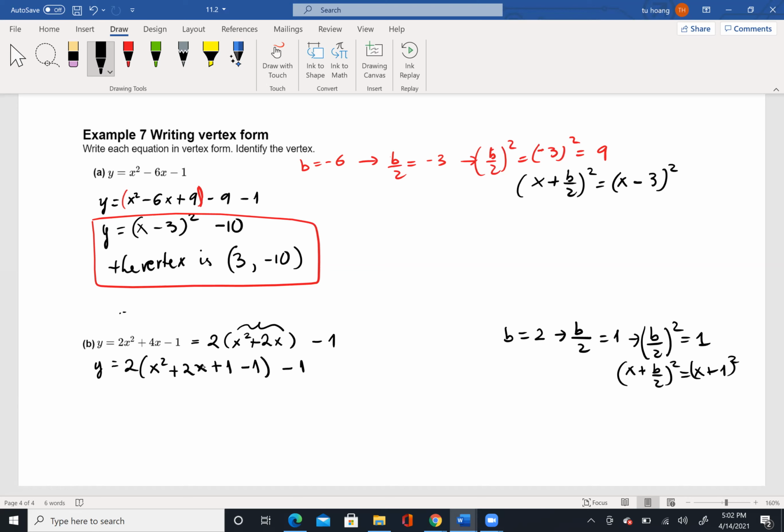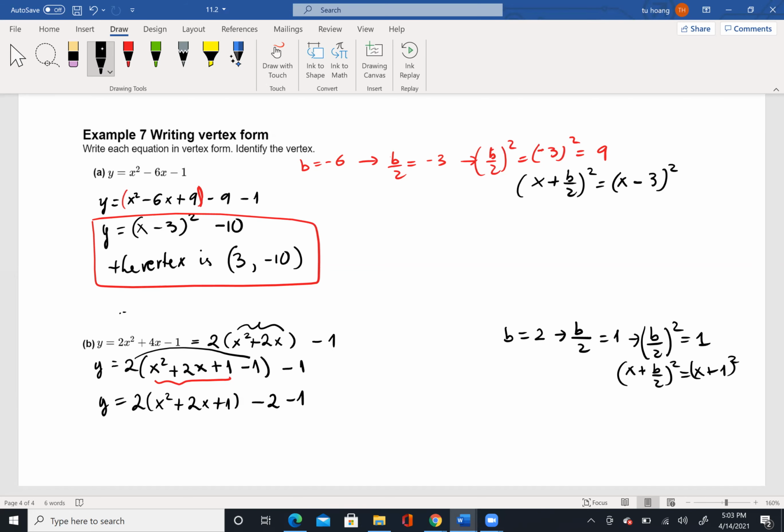But I will have to distribute the 2 out because I just want to use only the inside term to make the completed square. So I have y equal to 2 times (x squared plus 2x plus 1) minus 2 and minus 1.